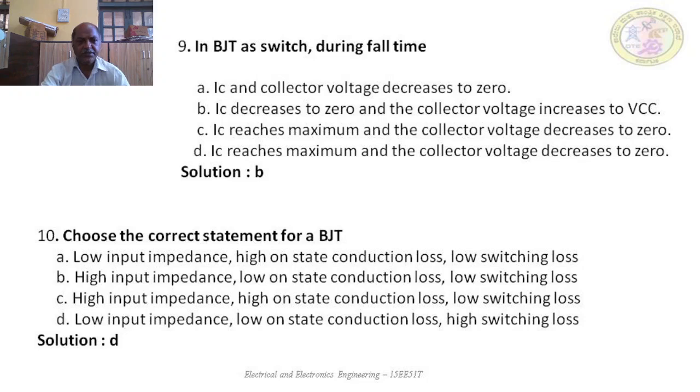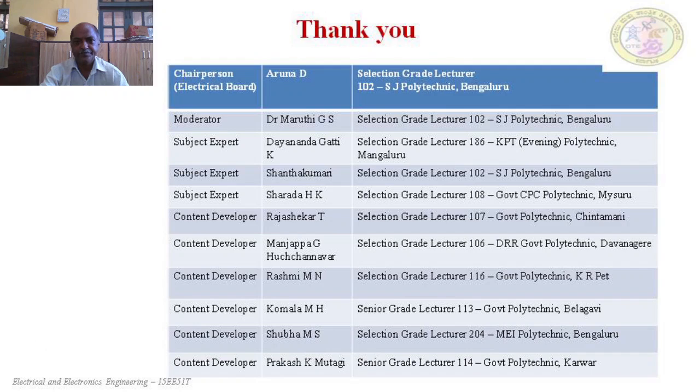The last and tenth question: choose the correct statement for BJT from the four options A, B, C, D. Which option is correct? The correct option is D, that is low input impedance, low on-state conduction loss and high switching losses. So this is the correct answer.